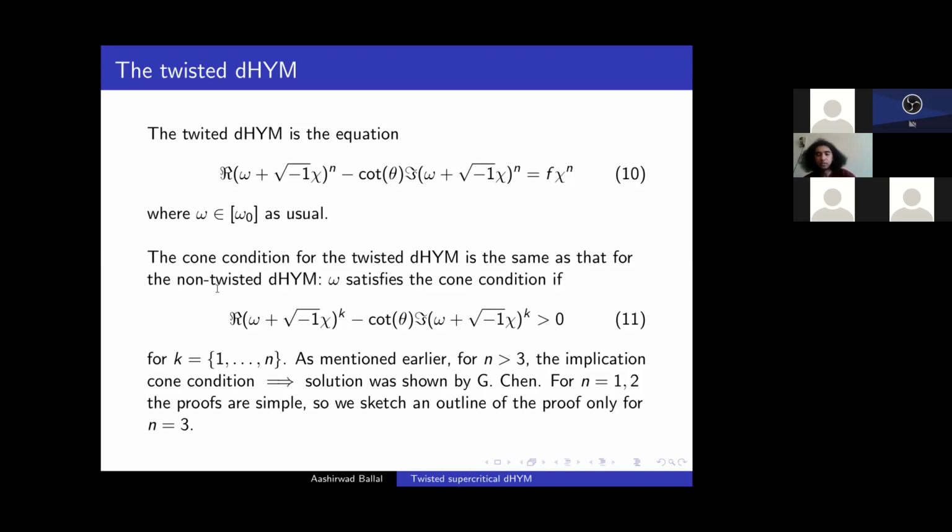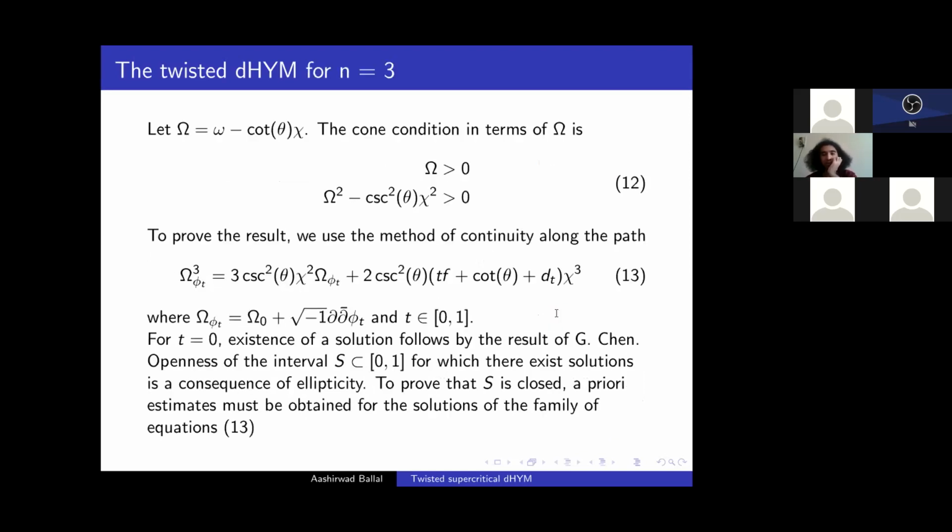As I explained, there's interest in considering the twisted dHYM equation, where instead of zero you have a function f on the RHS, and we showed that this equation can be solved provided the numerical positivity condition mentioned earlier holds.